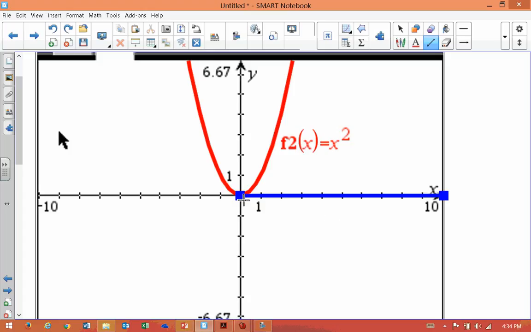But if you look at the graph, this graph extends infinitely in both directions. So this continues on forever, and this continues on forever.